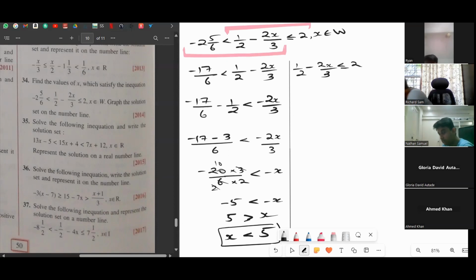Minus 10. Keep the minus x down here. Take the 3 on top here and the 2 down. Cross.